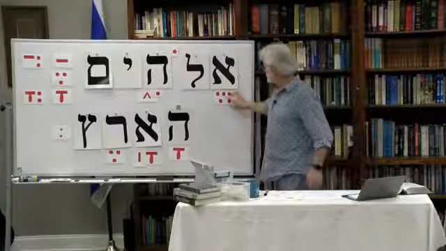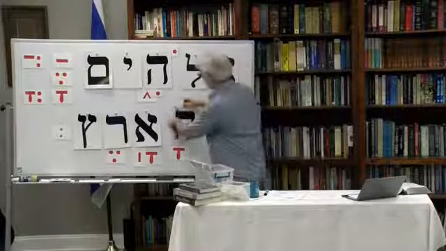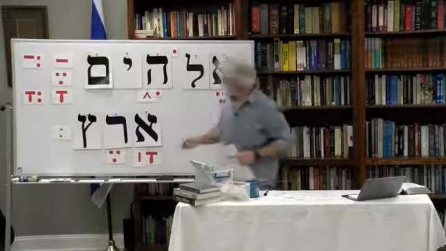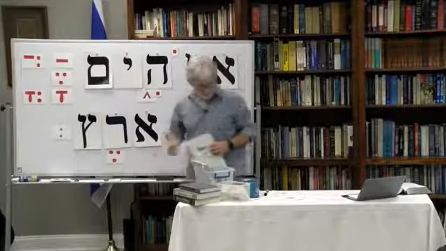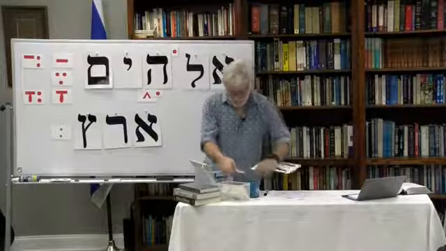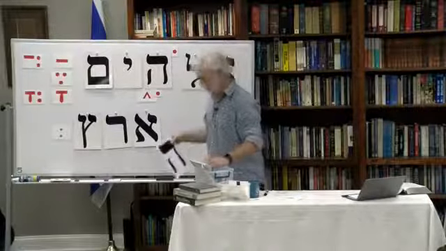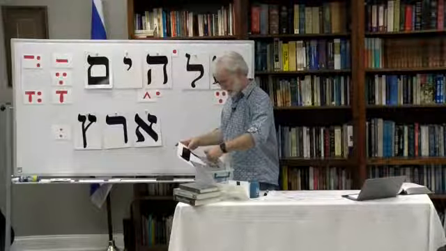Now, let me take some of this down just so that we clear a little bit of room so that I can make a couple of other examples. And there are so many examples that we could use, but I'm only trying to present that which is necessary at this point.